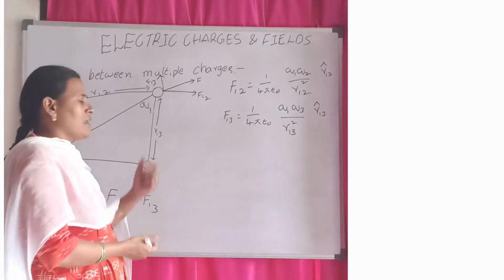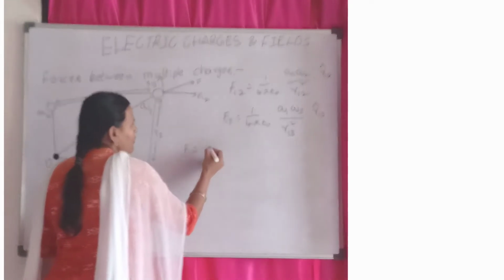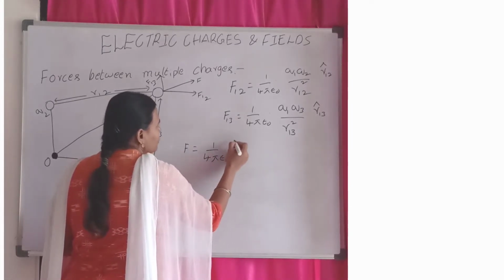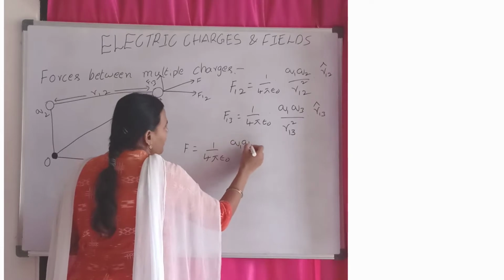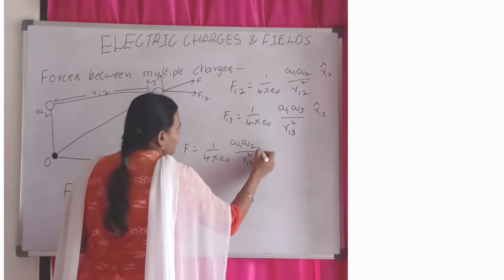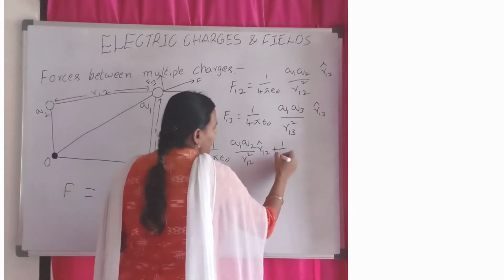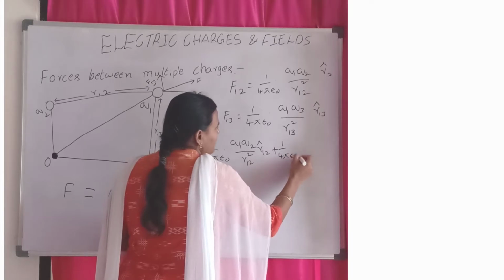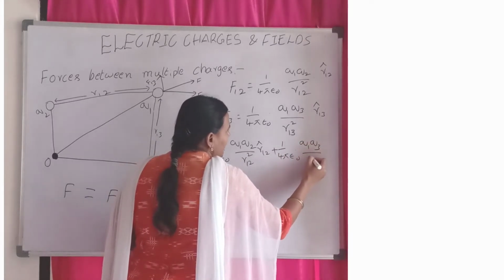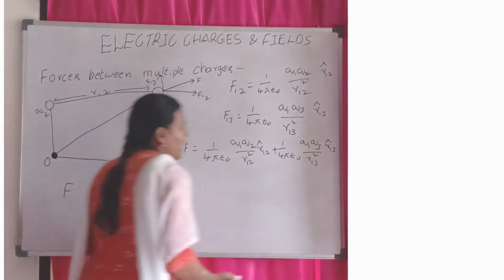When you add these two equations, you get 1 by 4 pi epsilon naught Q1 Q2 by R12 square R12 cap plus 1 by 4 pi epsilon naught Q1 Q3 by R13 square into R13 cap.